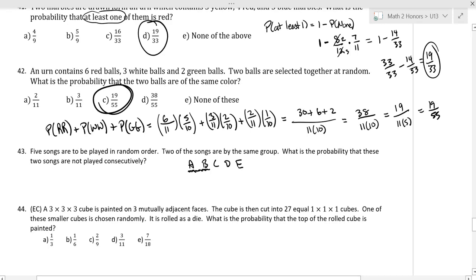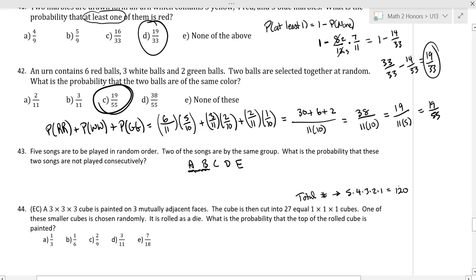So first of all, say we didn't worry about anything, the total number of possibilities: we got 5 options for the first song, and then 4, then 3, 2, and then 1. And that comes out to be what? We got 20 times 6, so 120 ways.